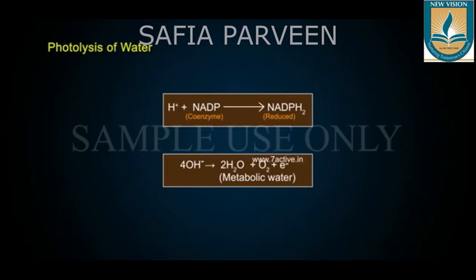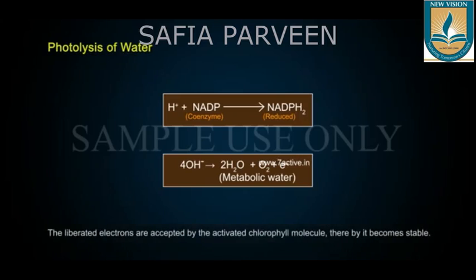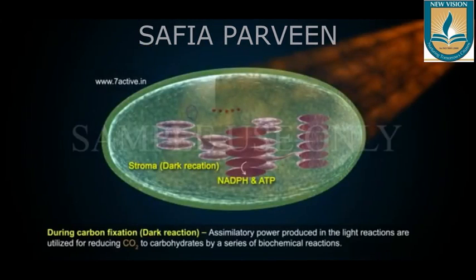And the four OH minus ions released from the water molecule again help in the construction of water molecule. This water is used up by the plant and oxygen is liberated during the process, coming out of the leaf through the stomata. The electrons released during this process are used up to stabilize the chlorophyll molecule. So that is the end of the light reaction.